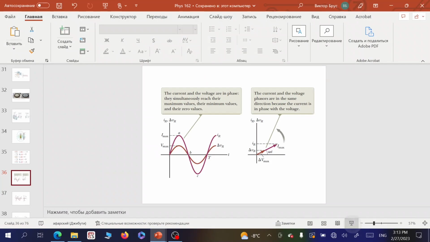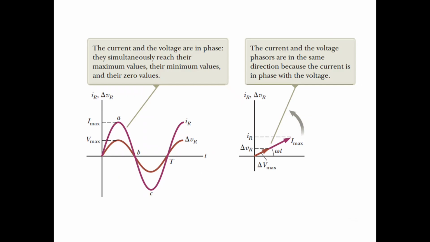Here, this one. So we can introduce a so-called phasor vector, which can represent the time dependence of current and voltage. So this is how they look when we have a plot of instantaneous current and voltage drop over the resistor as a function of time.